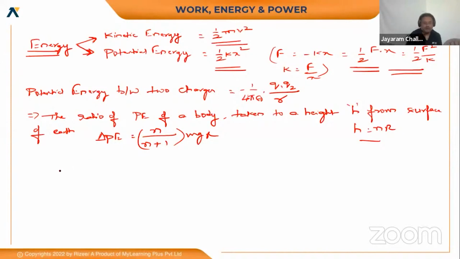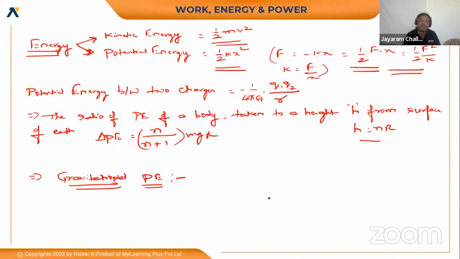So what is the potential energy for gravitation? Next one, gravitational potential energy. Generally, potential energy expresses the instability of a body.